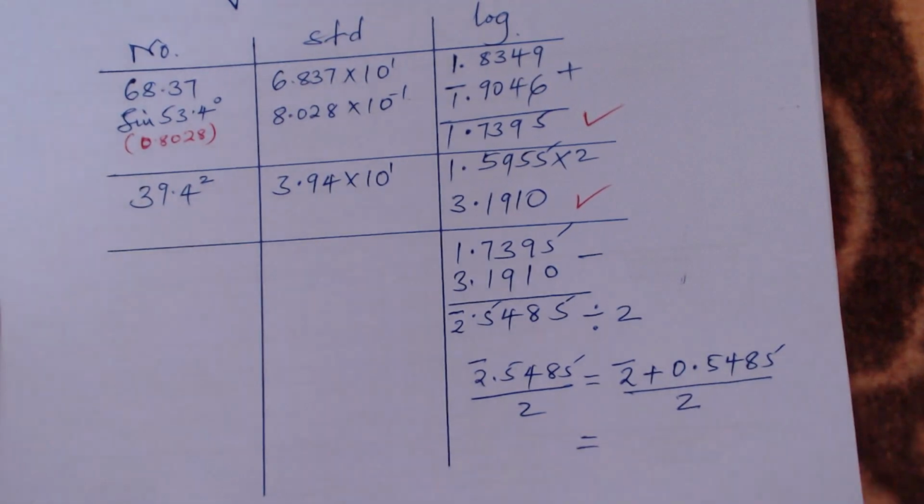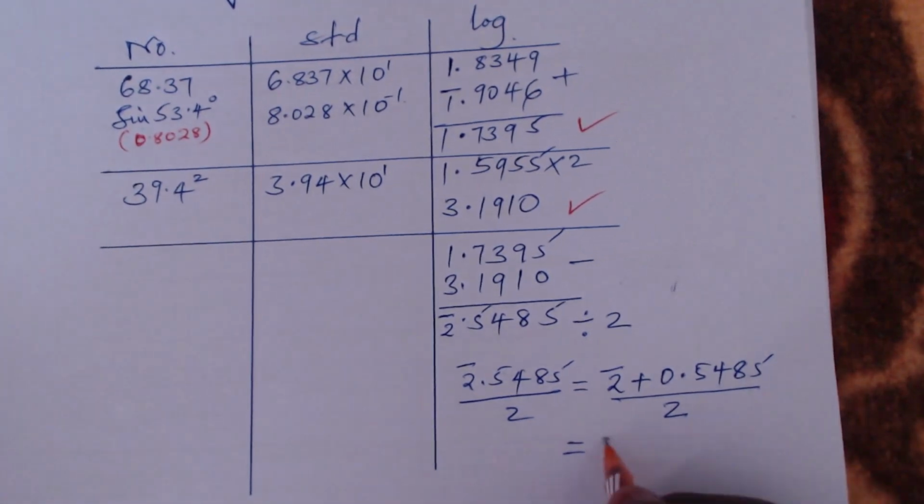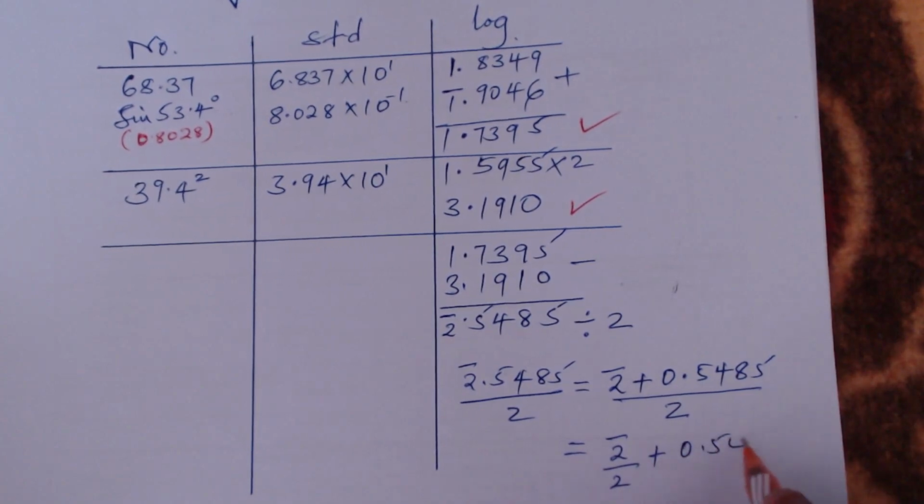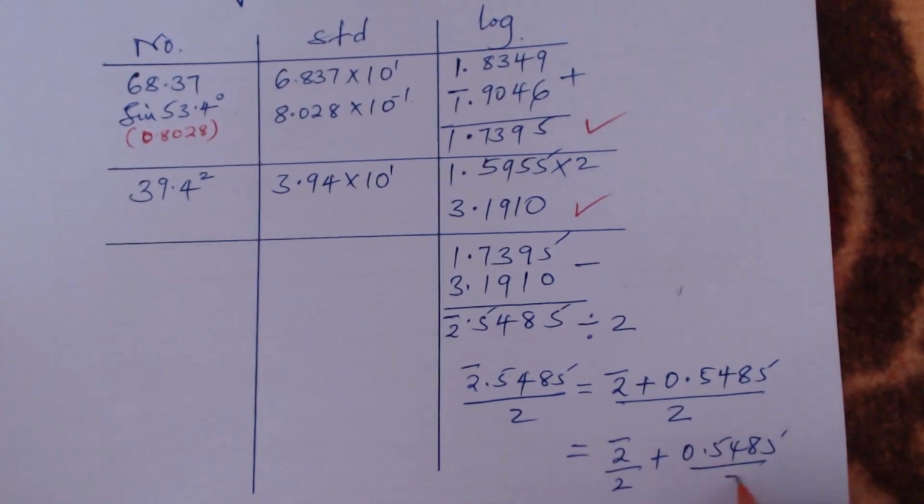And this is the same as taking bar 2 divided by 2 plus 0.5485 divided by 2.